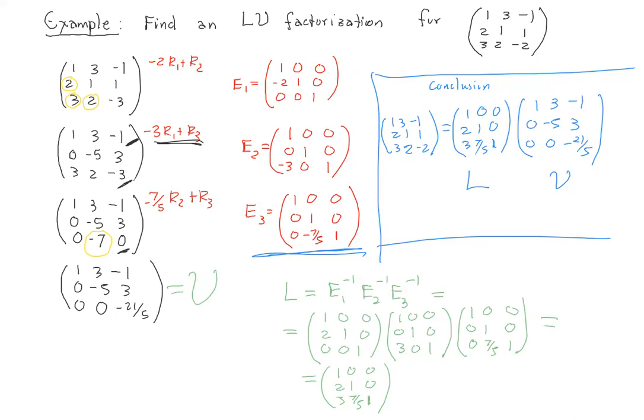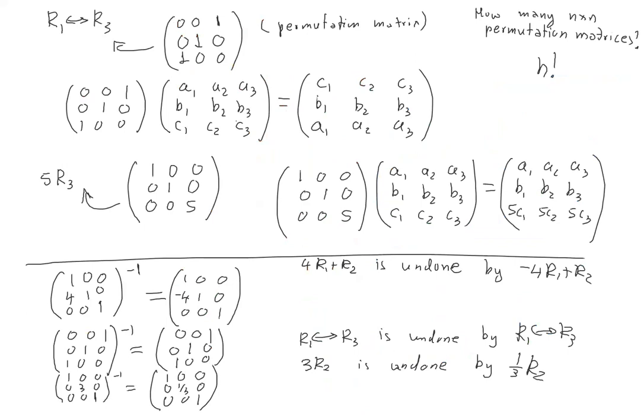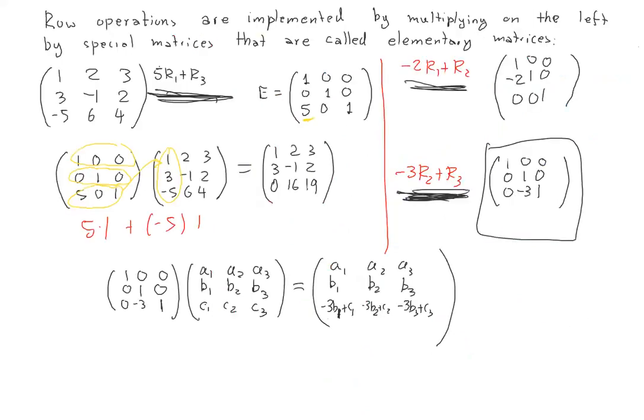Take this matrix, E3, and multiply on the left the generic matrix A1, A2, A3, as I showed you before. And you will see that exactly the second row is being added to the third upon being multiplied by -7/5.